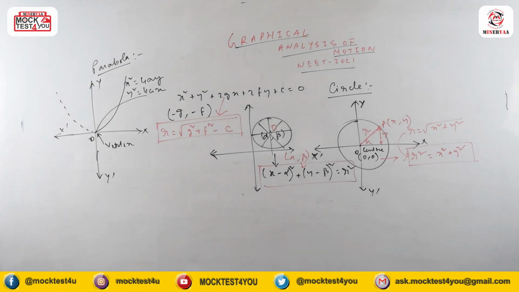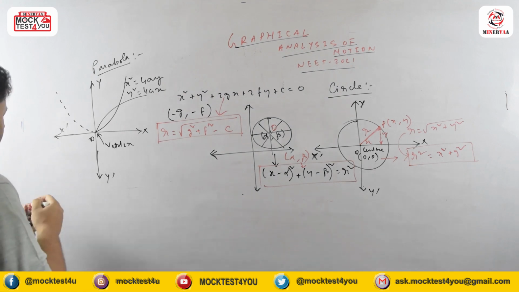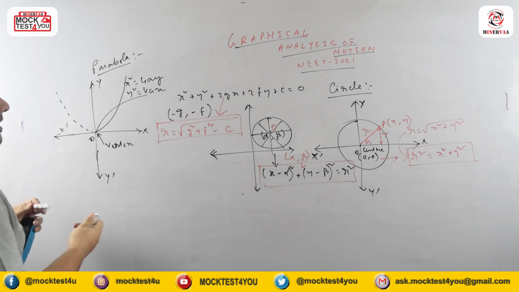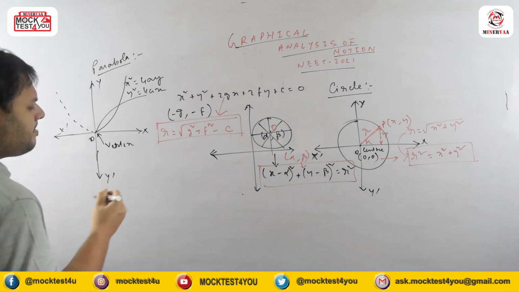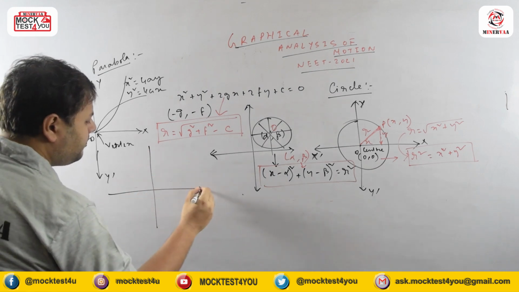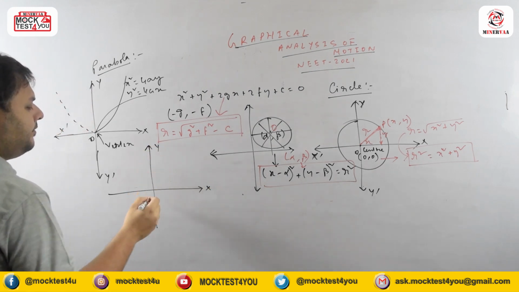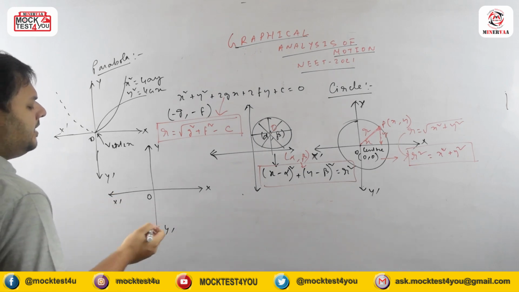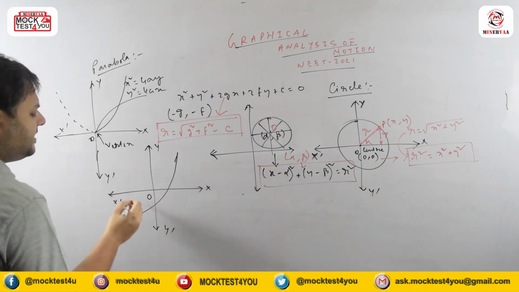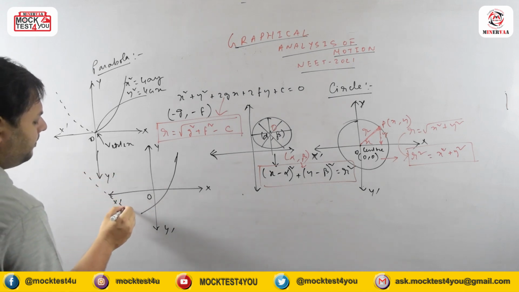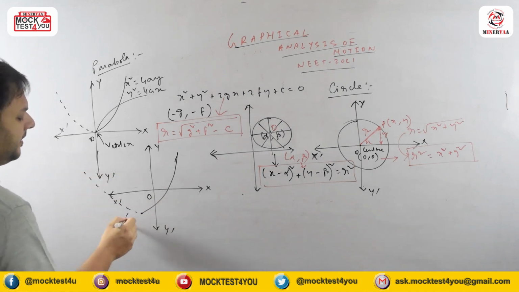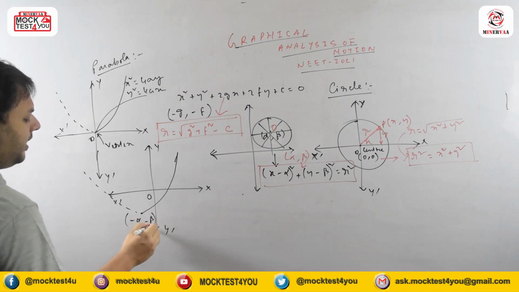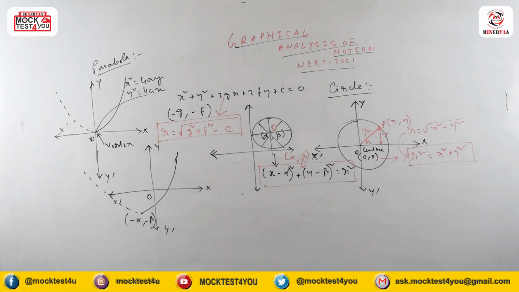Now from here, again, we can draw some better equations. Here x and y, this is the origin, this is y dashed and this is x dashed. Suppose the parabola is taking the curvature from this point, let it be the vertex, which is at the point minus alpha, minus beta.